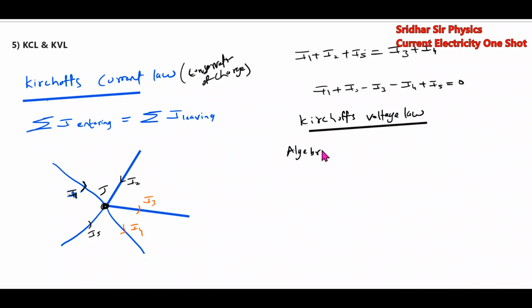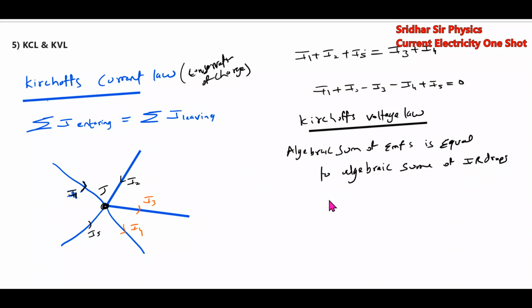This says the algebraic sum of EMFs is equal to the algebraic sum of IR drops in a closed path, loop or mesh. So the EMFs should be equal to the algebraic sum of IR drops.